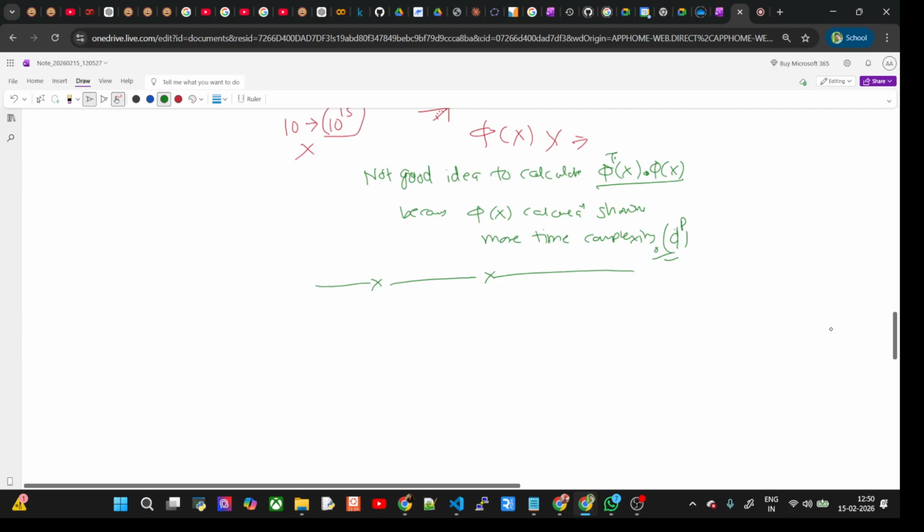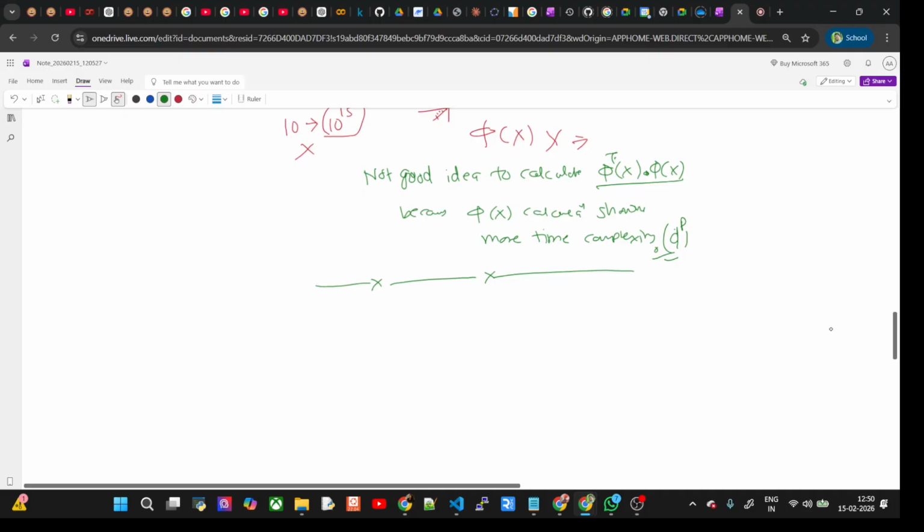Phi of x is the feature map, the feature points you want to calculate in the higher dimensions, which has more complexity, and it is not easy to get that data from a simple calculation. So you have a roadblock, and we need to find a solution for that.